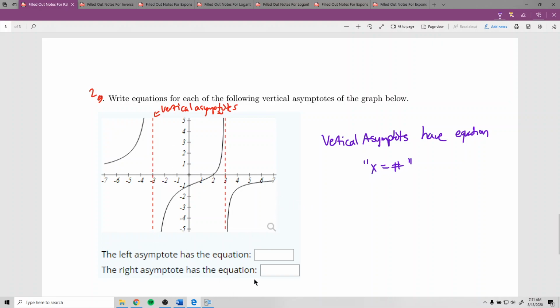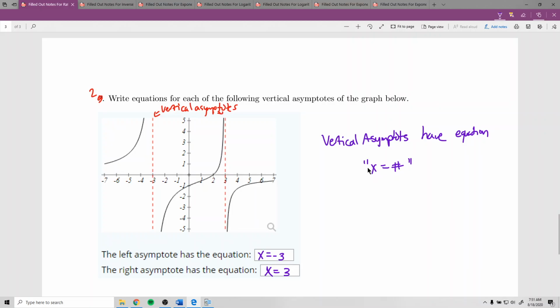The one on the left is x equals -3, and the one on the right is x equals +3 for this one. But if you just write the numbers -3 and 3, it is marked wrong. You have to make sure you write the equation. And, for this one, it does specify you should do the left one and the right one there. So just look at it and take your time.